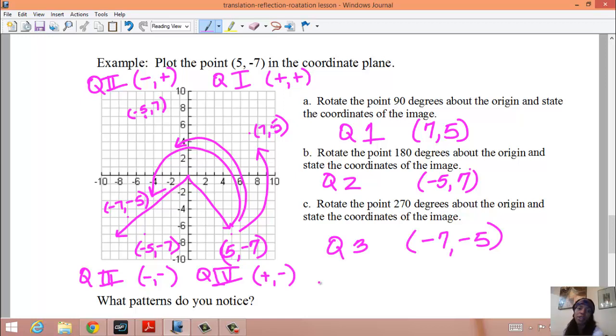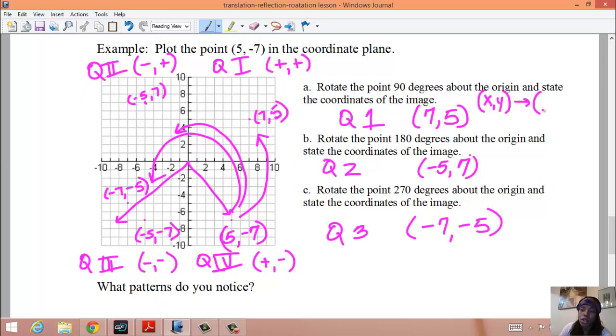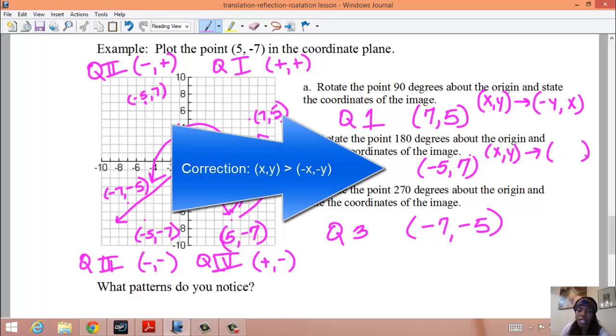Notice a pattern. The pattern will help you figure out a rule. There is a rule anytime we are rotating 90 degrees, 180 degrees, or 270. Let's see if we can do that really quickly. You start with (x, y). For 90 degrees, the x and y coordinates switch places and the y value becomes opposite: (-y, x). For 180 degrees, x and y switch places and the signs are different on both.